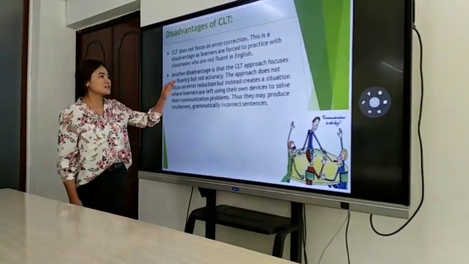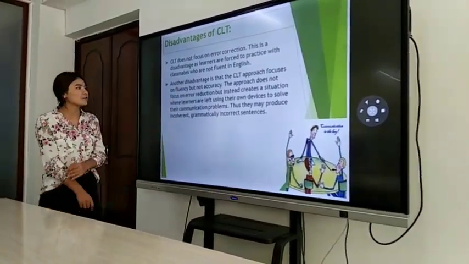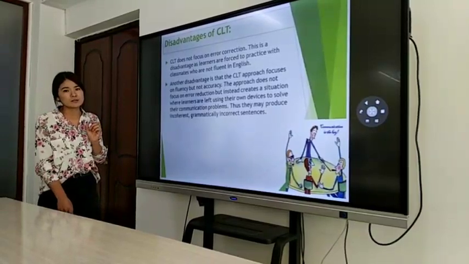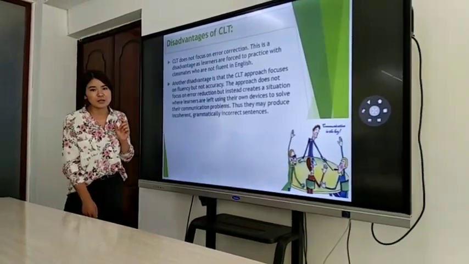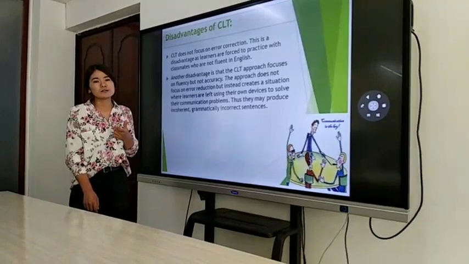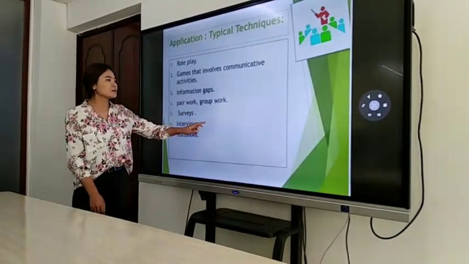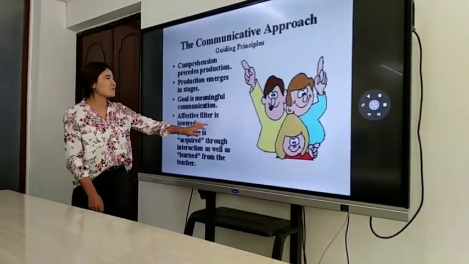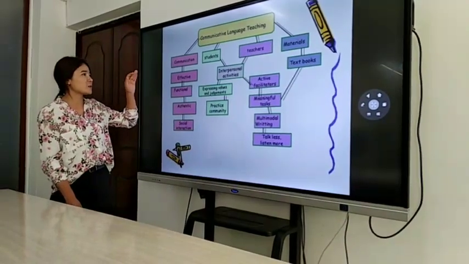Another disadvantage is that the CLT approach focuses only on fluency but not accuracy. This is also one disadvantage of this method.